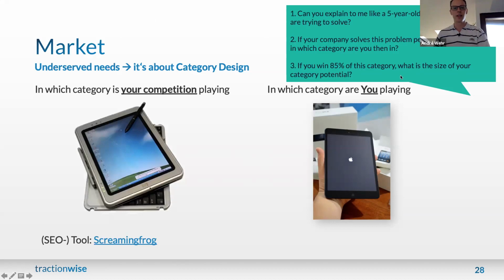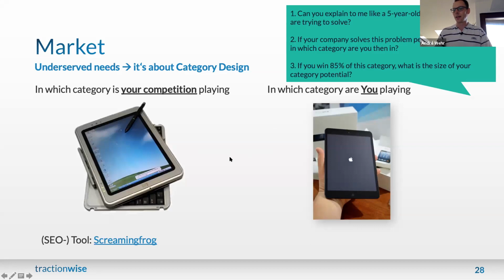The second layer is, if your company solves this problem perfectly, in which kind of category are you in? Is this category already existing, or are you currently defining a new category? And then the third part, which is very good for your next pitch deck, for example: if you win the biggest part of this category, what is the size of the category in potential?